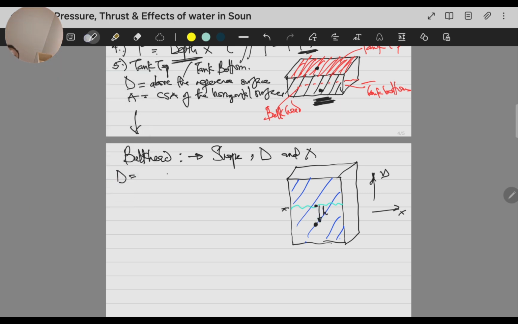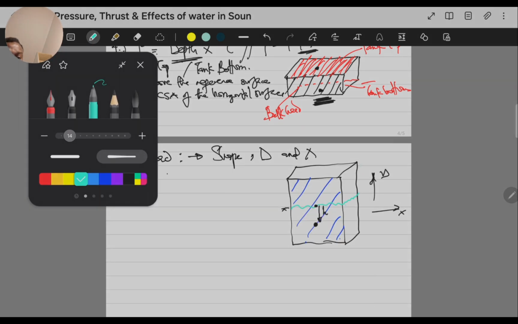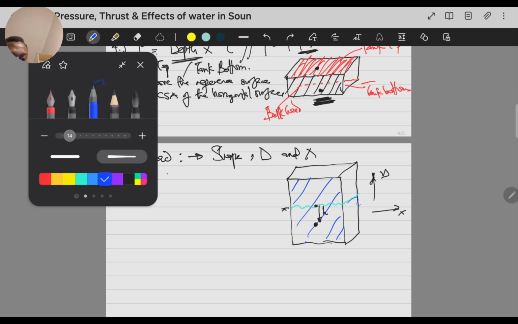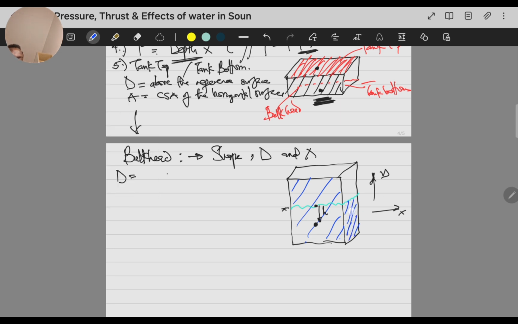Unlike the other one, even here, let's say this is a water column, we have to consider the centroid of this, which is also the height divided by 2 because it's a square.